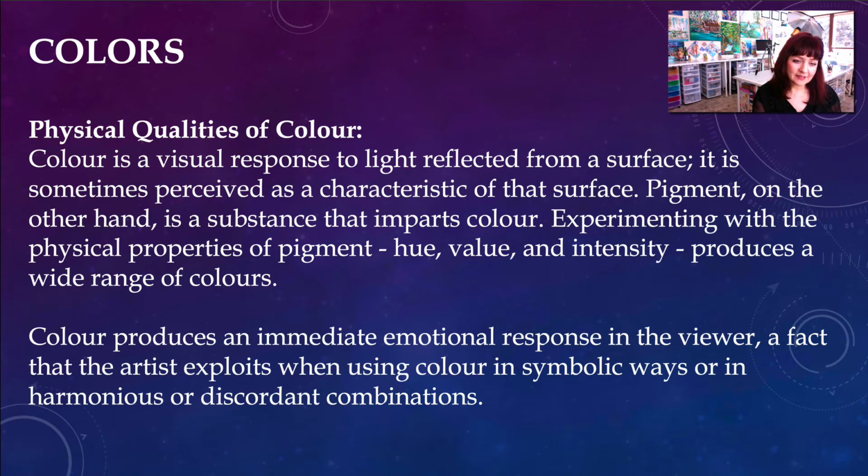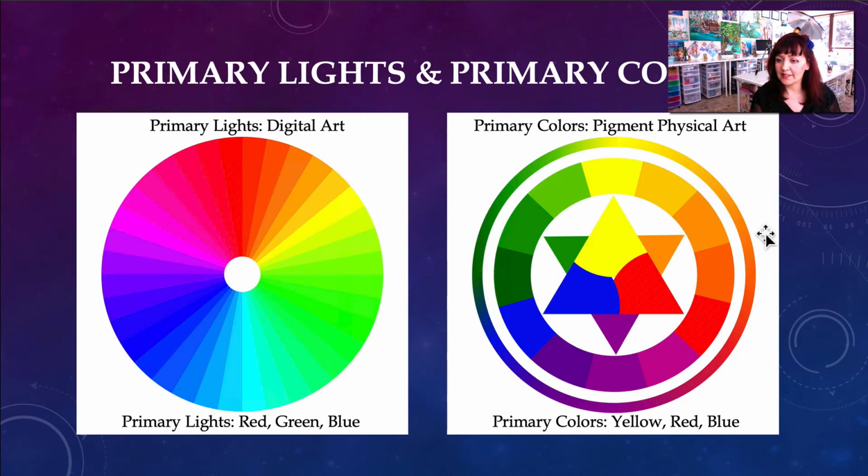Now, colors are a little different for both of you, both groups, photography and visual arts. And the main difference, I'm going to move on to this next slide. We have three primary colors when you're mixing your pigment, but you have three primary lights when you are actually taking a picture or any digital work.